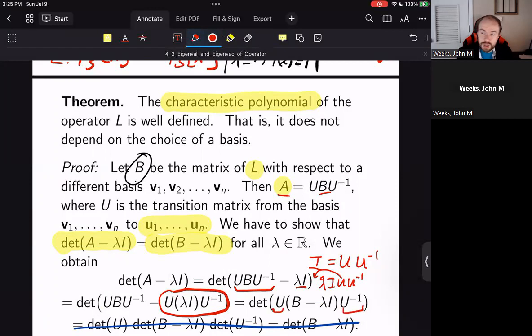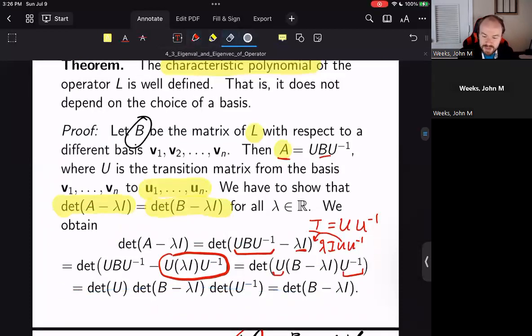But guess what? The determinant map is very nice. You remember how we said that you can split up the determinant map so that if you have two things being multiplied on the inside, it's the product of the determinants of the individual matrices on the outside. That's exactly what's being done here. We break up the U, B minus lambda I, and U inverse, and take the determinant of each individual matrix respectively, multiplying those together.